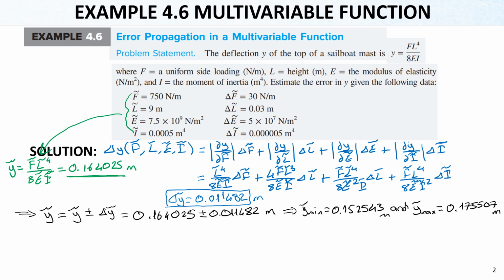Here, for example, F min is simply 750 minus 30, which is 720, and F max is simply 750 plus 30, which is 780. We do the same for all of these.